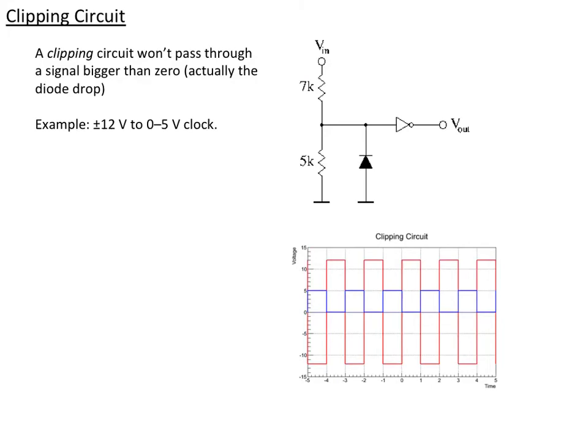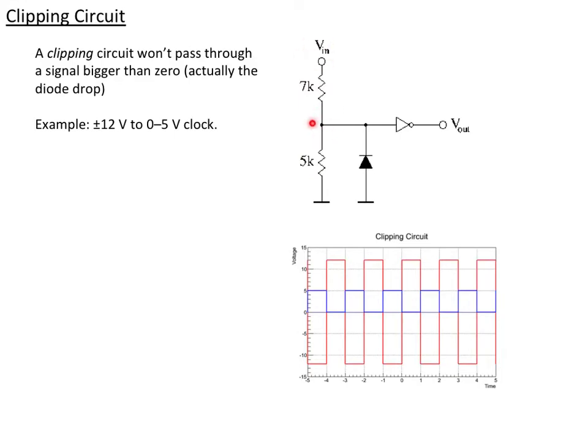To show how we can use this, imagine this circuit where we start with Vin being a square wave going from -12 to +12. That's shown by the red line here. And I've used a voltage divider to cut that down so that this point here will be 5/12 of whatever this is.